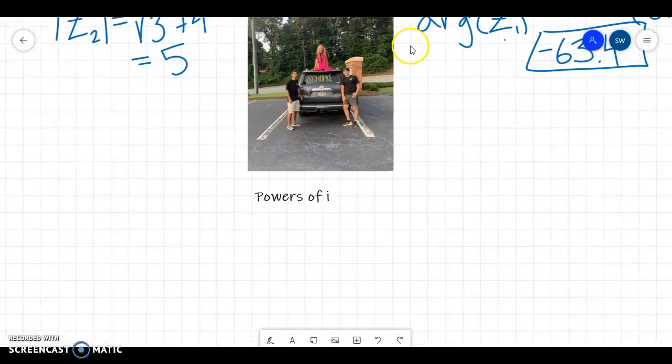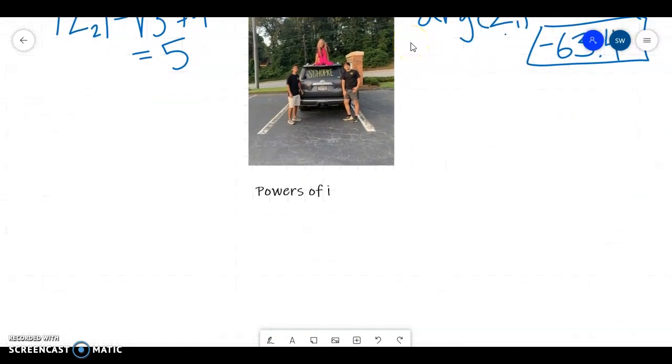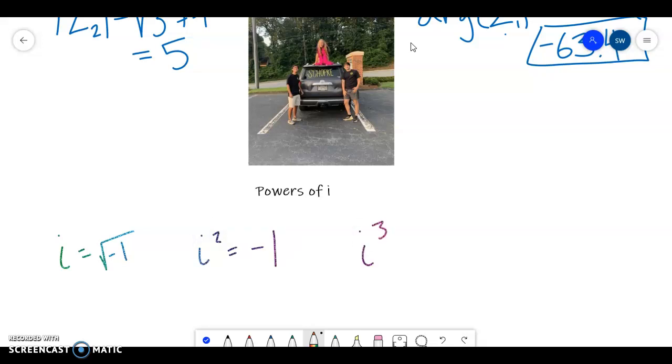All right, so powers of i. You remember this. We know i is the square root of -1. So i squared, logically, squaring that square root just makes this -1. i cubed is the same thing as i times i squared, so that therefore becomes -i.